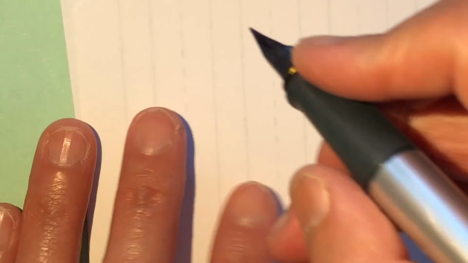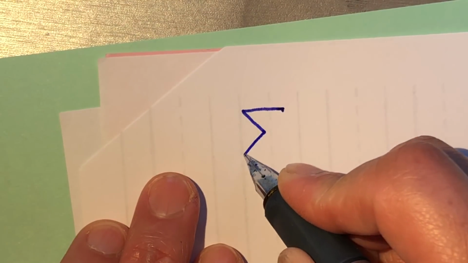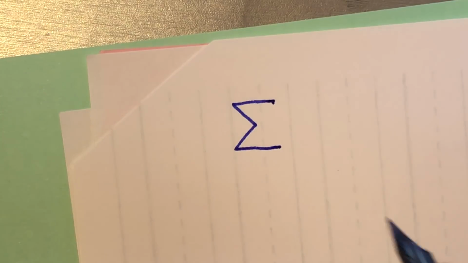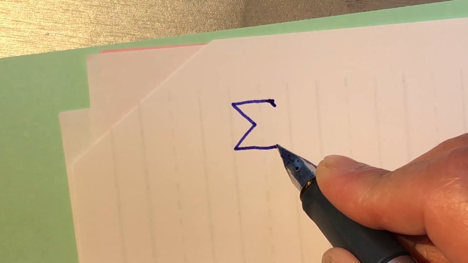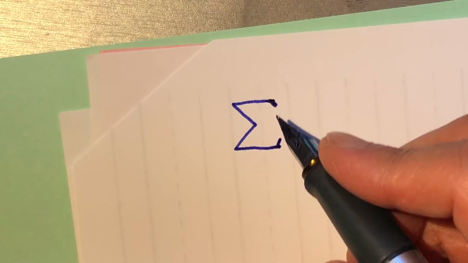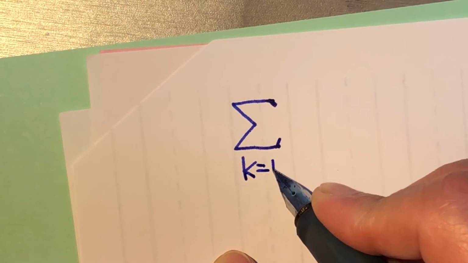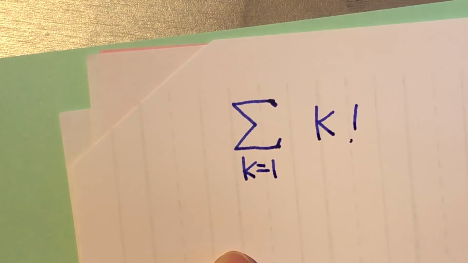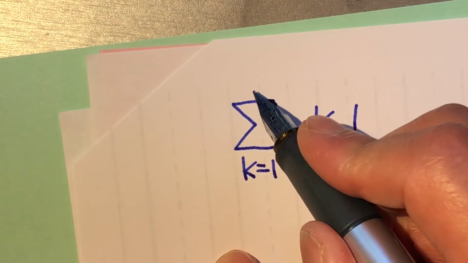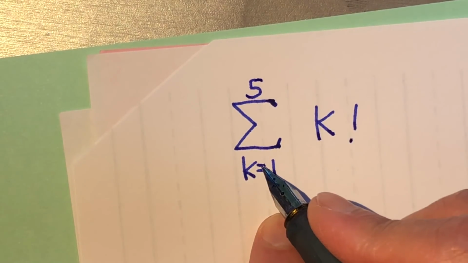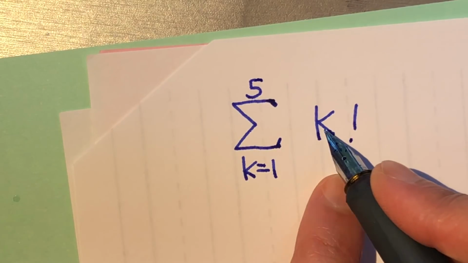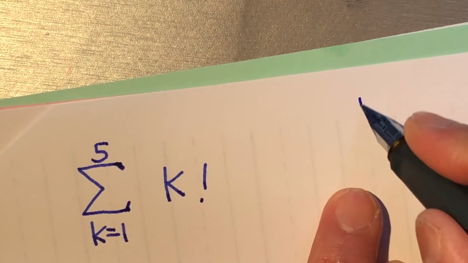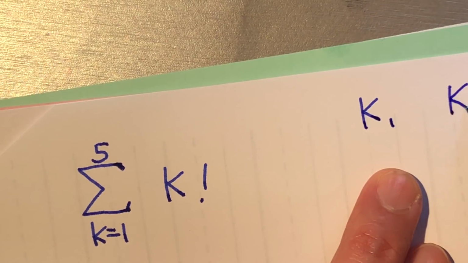But when we understand all the sigma notation, it's not so important, right? K equal to 1, k factorial. So it means the first one is k equal to 1 until k1, k2, k3, k4, k5.